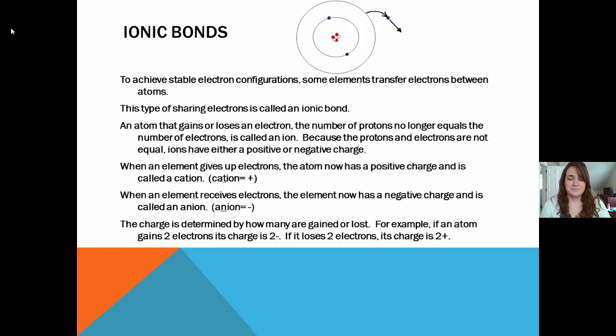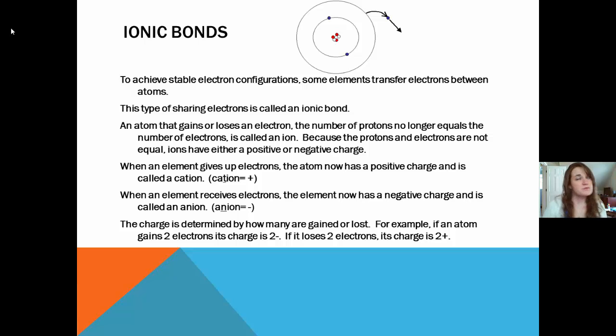So again, gain, it's negative. Lose, it's positive. It's a little bit backwards from what you would think, but just keep in mind those charges. Electrons are negative, protons are positive. That's the important thing. Now a charge is determined by how many are gained or lost.